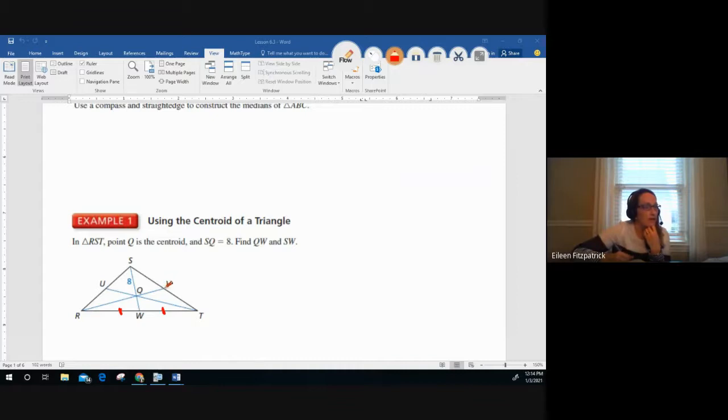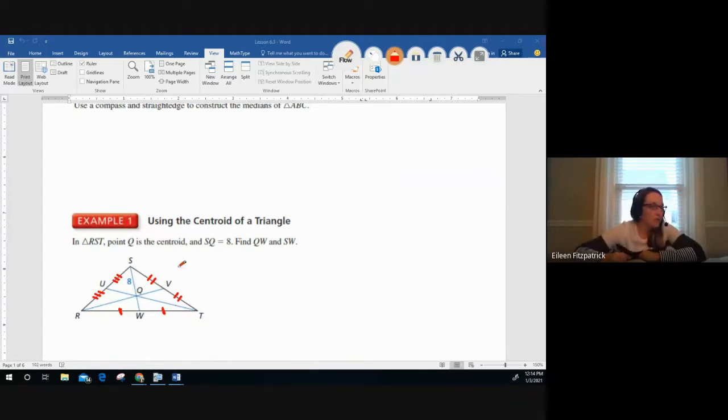That means that V is a midpoint, and it means that U is the midpoint. All right. And that RV is a median, SW is a median, and TU is a median. And then they all intersect at point Q, which is your point of concurrency, which we call the centroid.